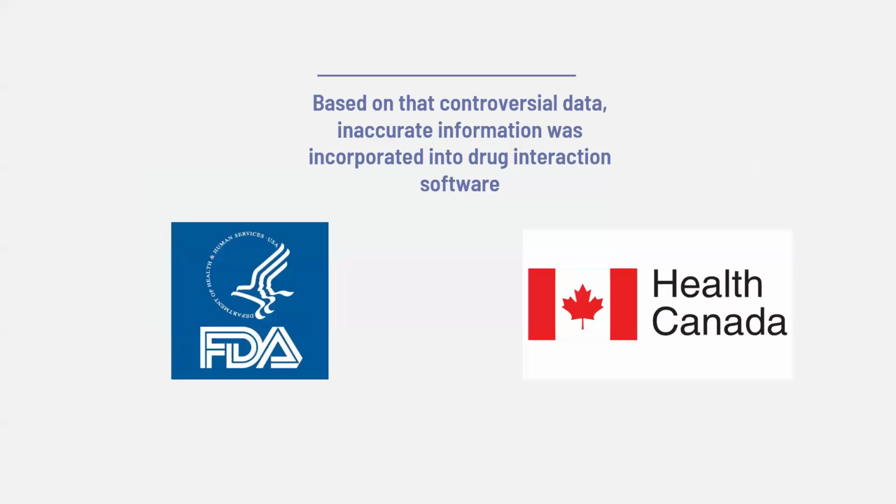So what ended up happening with this controversial data is that inaccurate information was incorporated into our drug interaction software that's used in clinical settings. And the companies that own these interaction software have recognized that the FDA and Health Canada have published information based on weak evidence, but their interaction checkers will still flag combinations of drugs that are unlikely to cause serotonin toxicity.